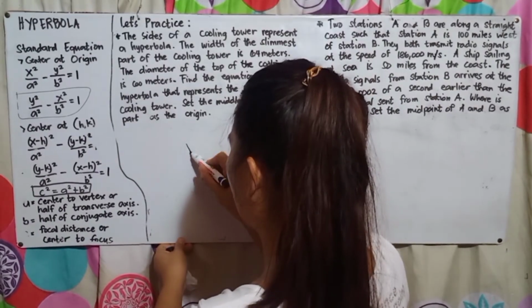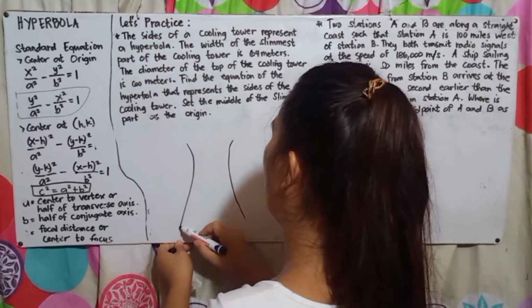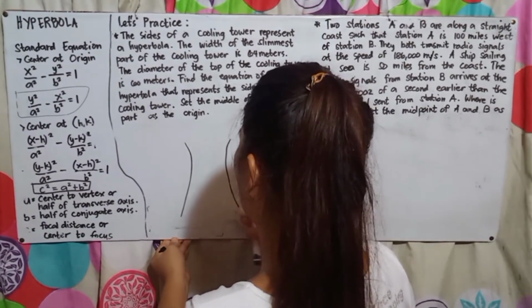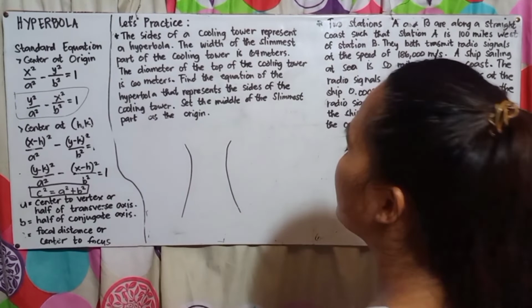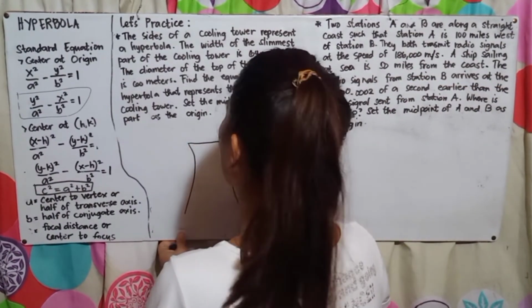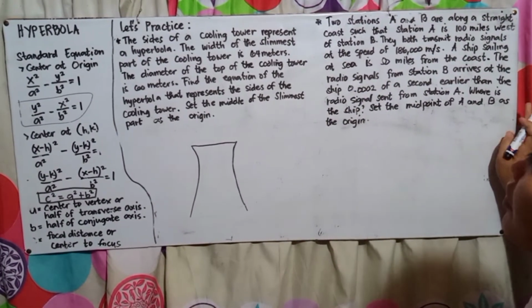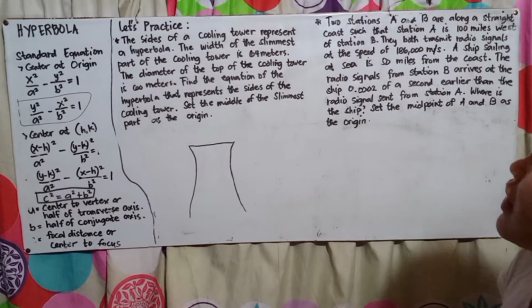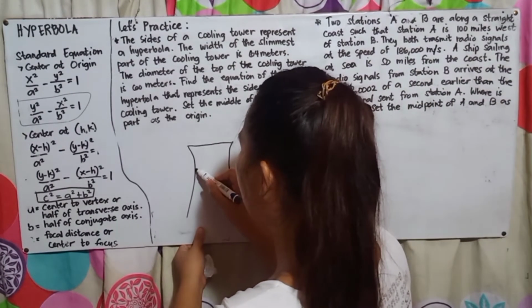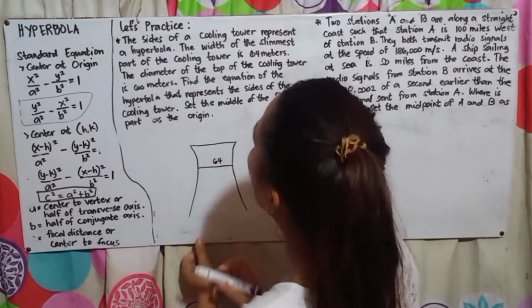So, we draw the cooling tower. The cooling tower represents a hyperbola. The width of the slimmest part of the tower is 64 meters.